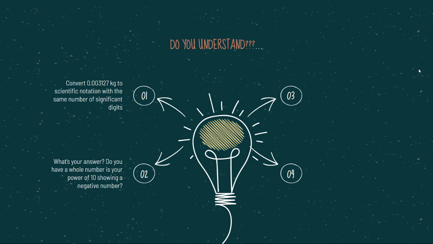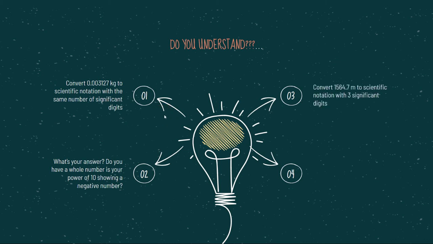Because if it does not, then you did not do this correct because this is smaller than 1. So your power of 10 has to show that it is smaller than 1 by using a negative number. So in the end, I'm going to get you guys to put your number in here. And in the end, you should have an answer. And you will find out what it is when you put your number in.